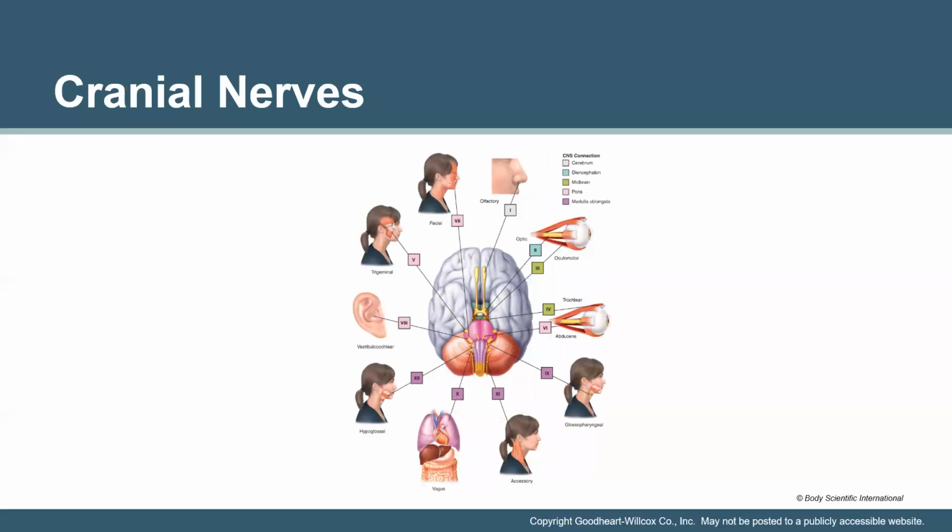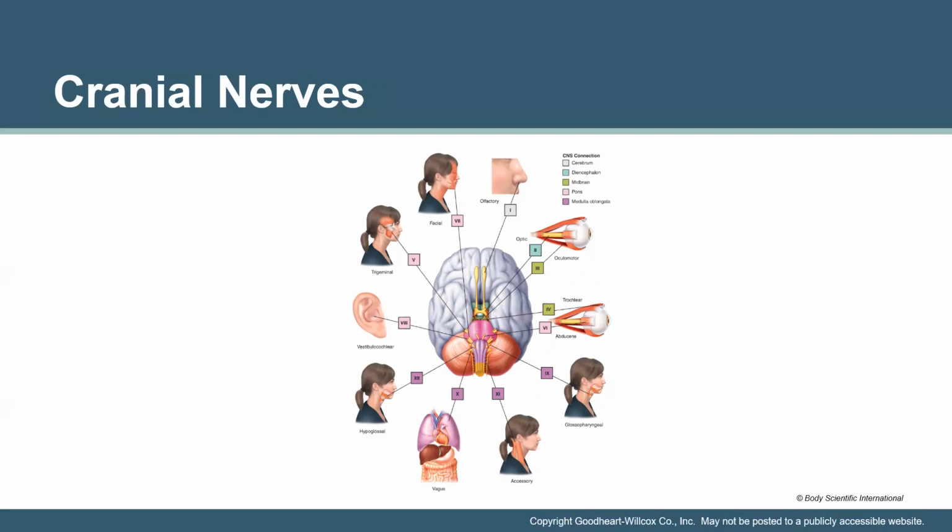Okay, it's relevant to understand that within the peripheral nervous system, we have what are called cranial nerves. Now, these guys are kind of cool because they come right off of the brain. Okay, we have 12 pair of them. They will relay impulses to and from the left and right sides of the brain. So they'll have a name and number, cranial nerves 1 through 12.